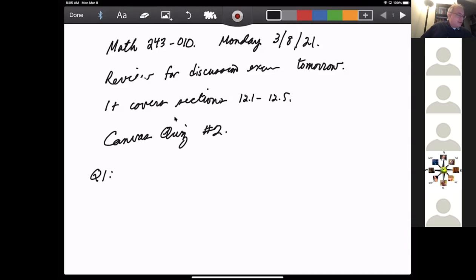A and B are non-zero vectors in R3. So 3 component vectors. And we have 2 parts. We want to figure out whether the angle is between 0 and 90 degrees, or between 90 and 180 degrees, or if it's a right angle.